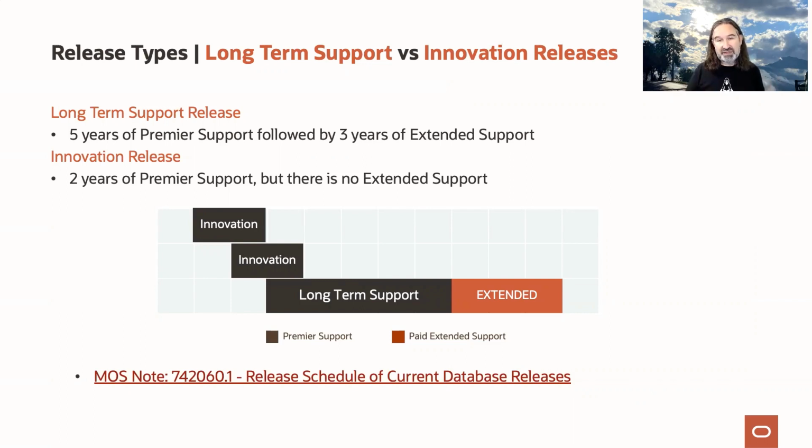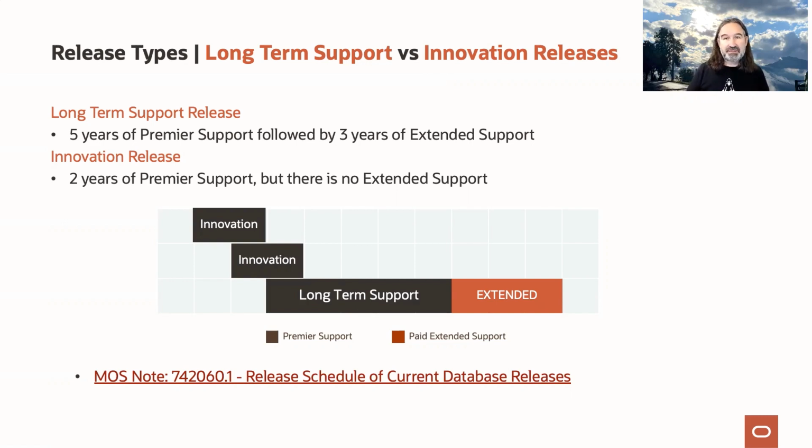So red means you have to pay an extra fee on top based on your support fee you pay to Oracle. If you have a ULA or a PULA agreement with Oracle, please talk to your salesperson, because then you can include the extended support into your offering, as far as I know, at no extra cost.